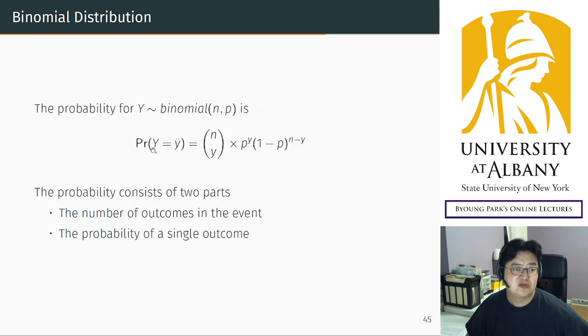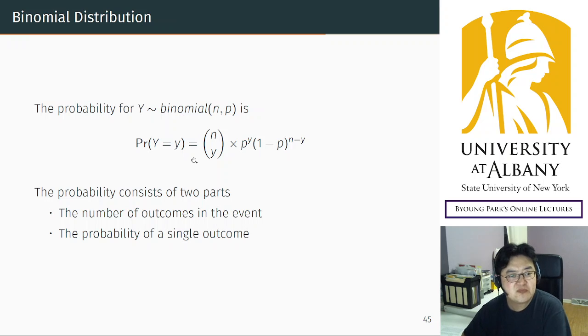When you repeat a binary experiment n times, and each experiment has a probability of success p, then the probability that the number of successes equals lowercase y is given by this expression. We need several assumptions, and it also takes a while to get to the final probability.